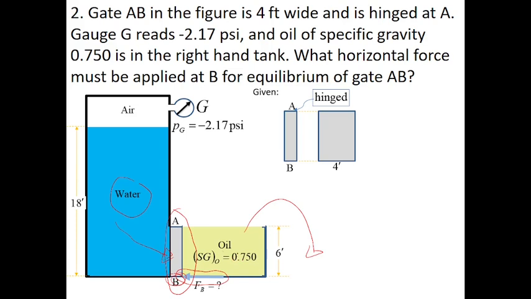Baka mas mataas yung puwersa ng oil kaysa sa puwersa ng tubig. So, this is my assumption now that the direction of the force must be applied is toward the left. No? Toward the left. So this is the force applied at B. Okay?